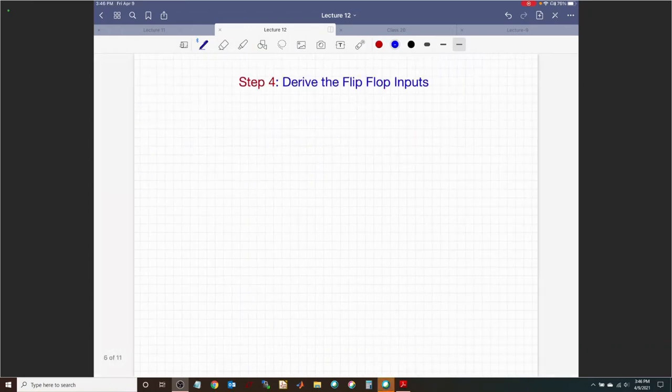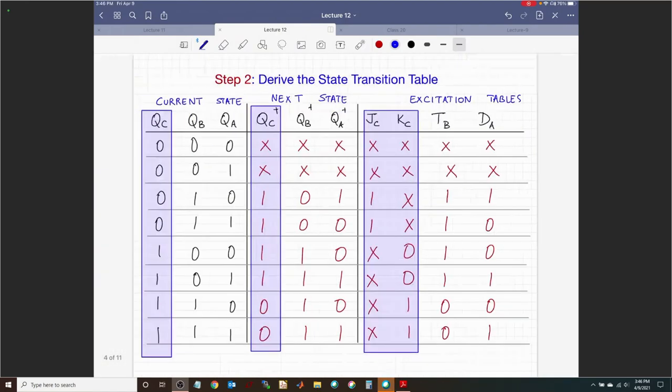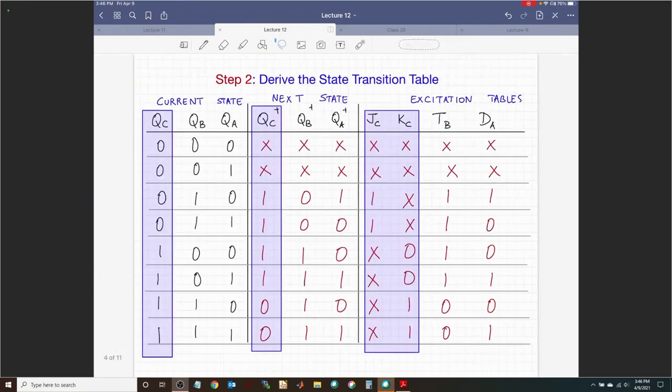Our next step is going to be to derive the flip-flop inputs. So for that, all right, you guys are getting bored of this, so let me pick up the pace here.